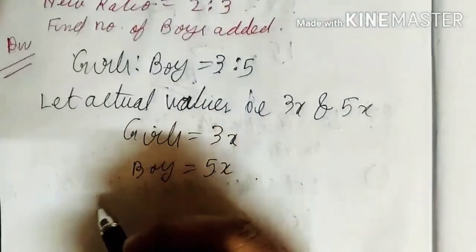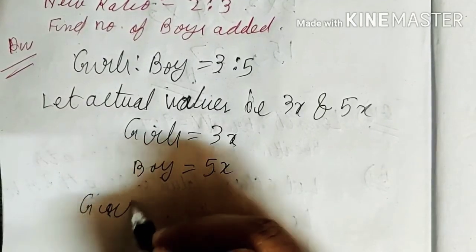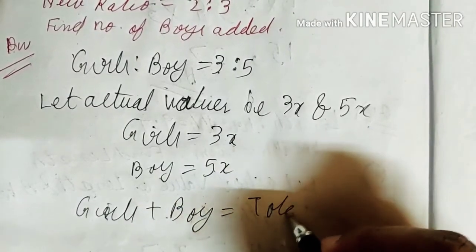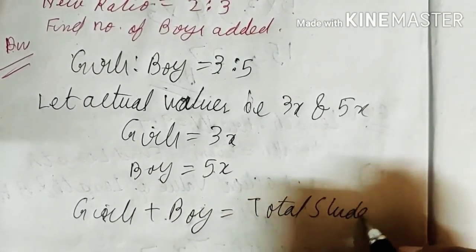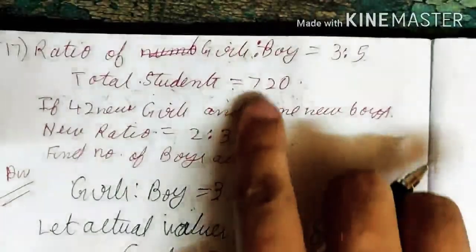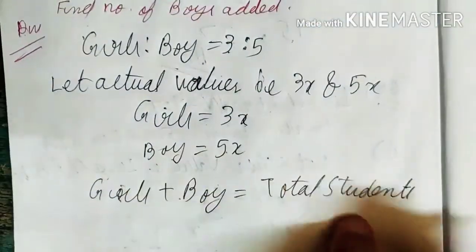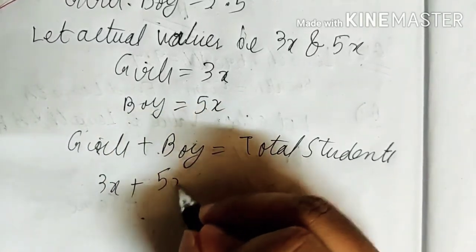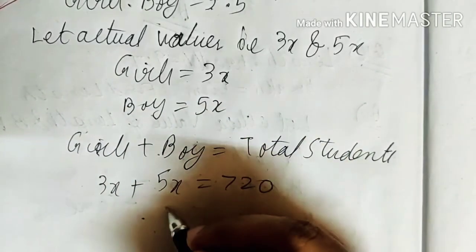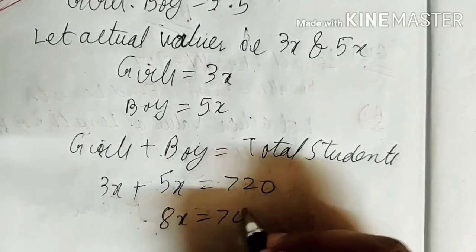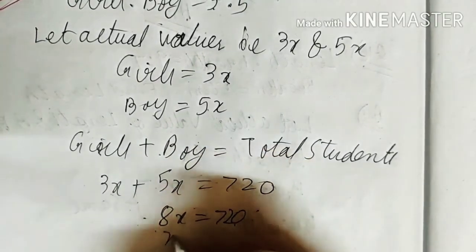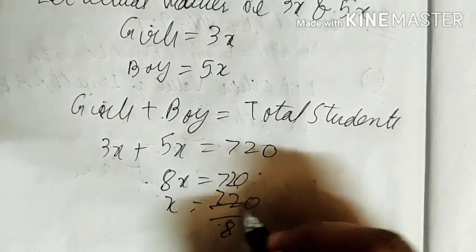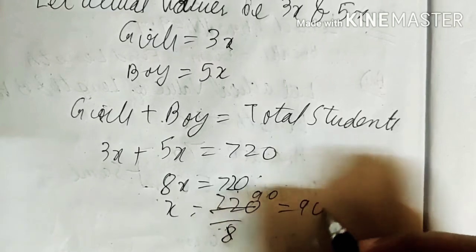Look, in a school, girls plus boys make the total students. Here the total students is given as 720. So girls plus boys will make 720, that is 3x plus 5x makes 720, that is 8x equals 720. So x will be equal to 720 by 8, 90.